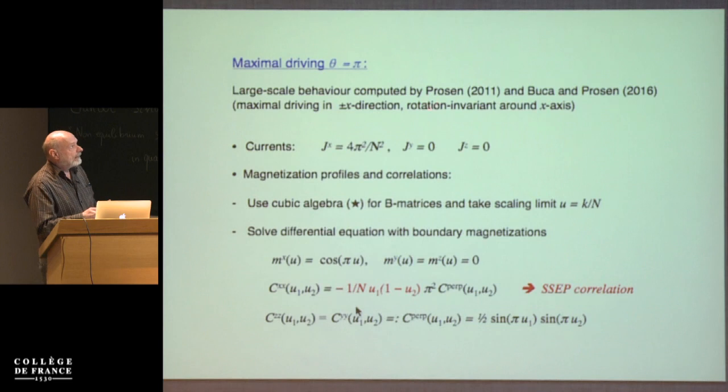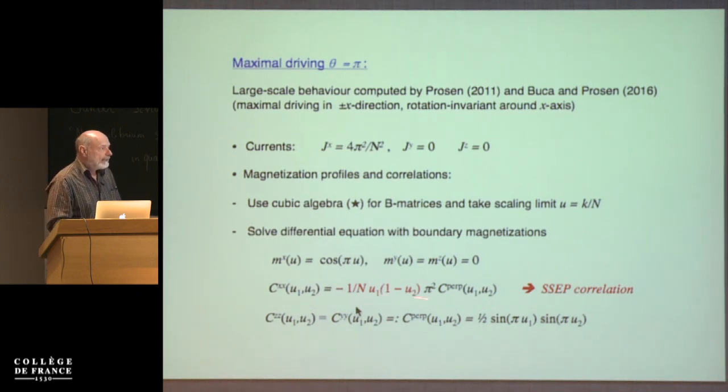And this is some work by Brosen and Bucher and Brosen, that's very recent partly. The x correlation at 2 different scaled points is the following. It's minus 1 over n times u1 times 1 minus u2 times pi squared times some function of u1 and u2, which is just basically the product of 2 sides here.